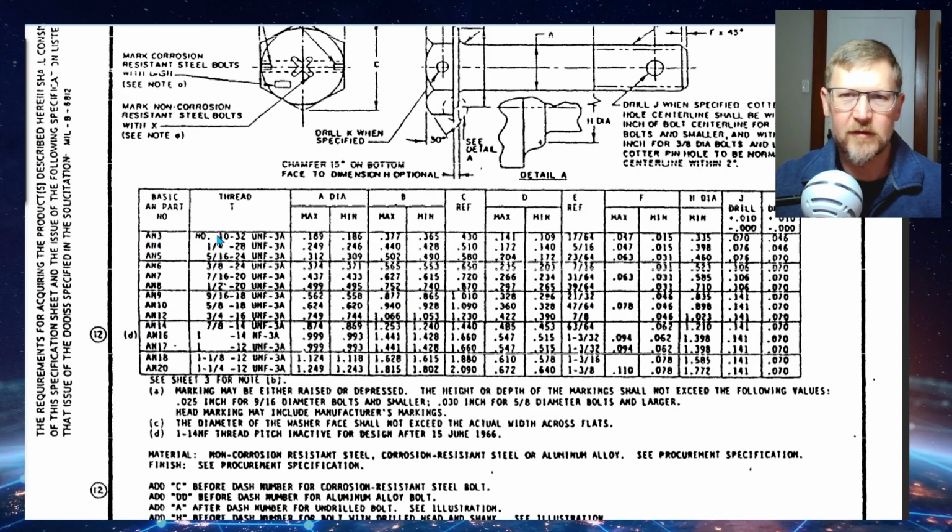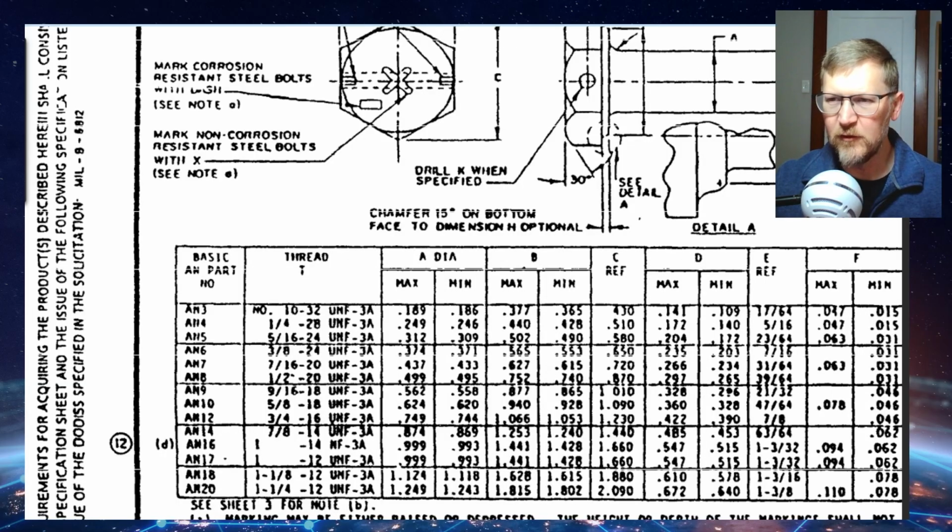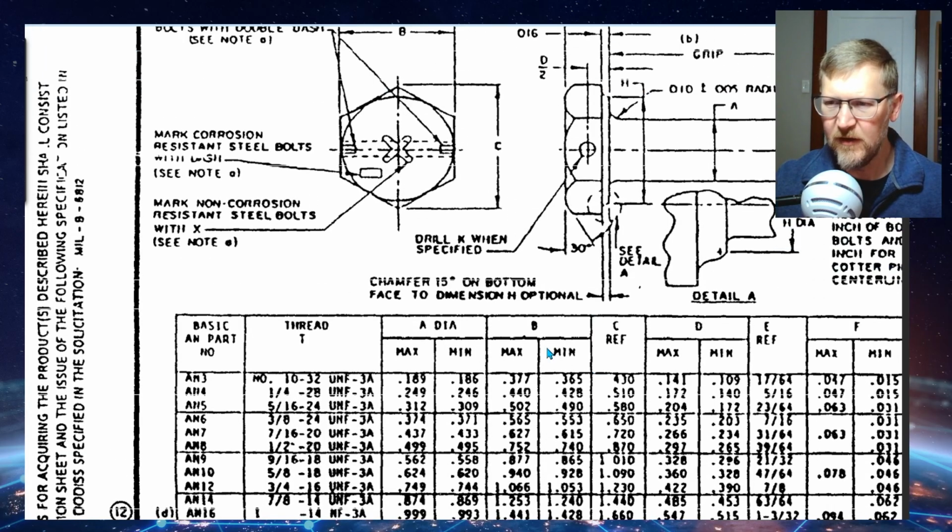Number 3 is the size for what amounts to a number 10 bolt in general applications. So you can see a 10-32 fastener callout here. I can even zoom in a little bit for you to see that better. But this is just a very standard aerospace bolt. It's kind of the bare bones fastener.